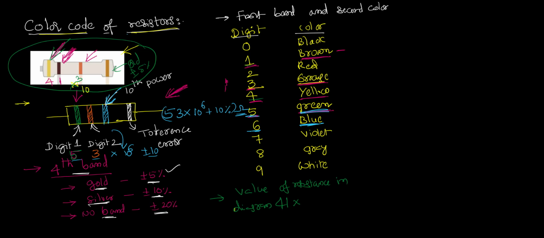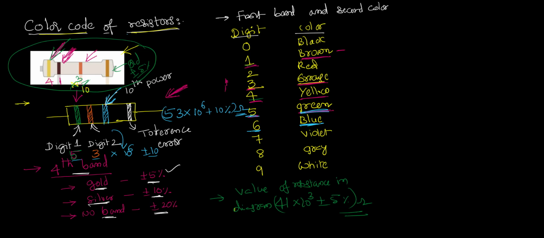So both the first digit and second digit represent the value itself. The third digit represents the 10 power, that's orange. Orange is 10 power 3. And the last one is golden color and it's having an error of plus or minus 5% resistance. This is how we can decode the resistance values basing on the color code drawn on them.